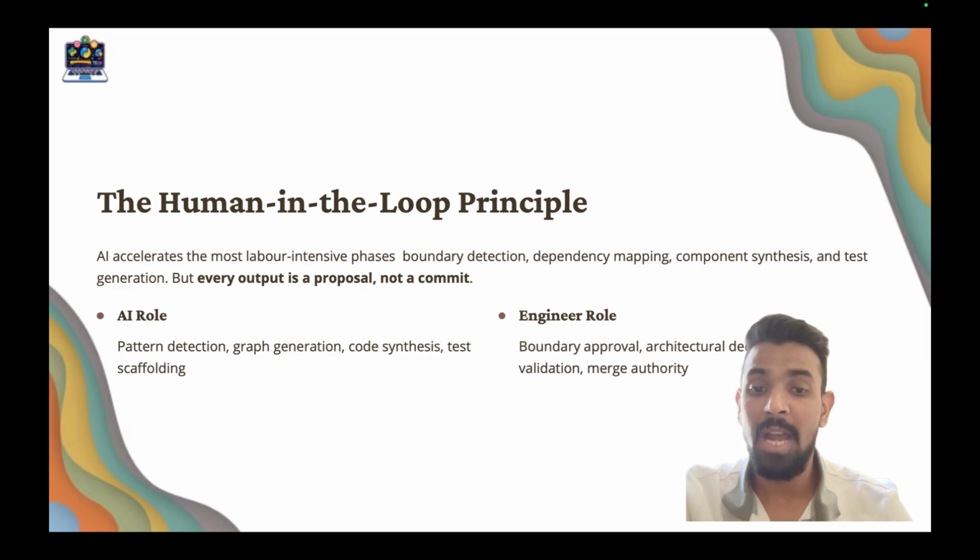Experienced engineers understand business priorities, compliance requirements, long-term architecture, and the trade-offs involved in every technical decision. That's why every AI generated recommendation remains exactly that, a recommendation. Engineers review it, architects validate it, and the development team decides whether it belongs in production or not.